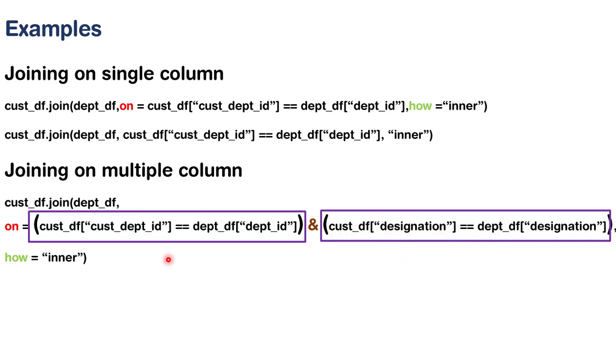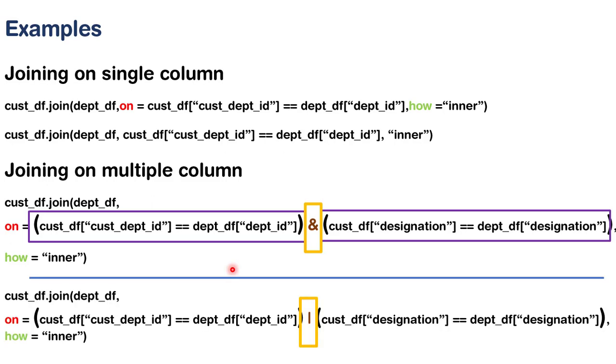So basically we are giving two columns for joining. In the middle, it's an AND condition. If both of these conditions are true, then you'll be able to do a join. That's the meaning of it. Now, how to do an OR condition? You just need to provide a vertical bar. That's how you do the joining on multiple columns. I hope that you understood this concept.